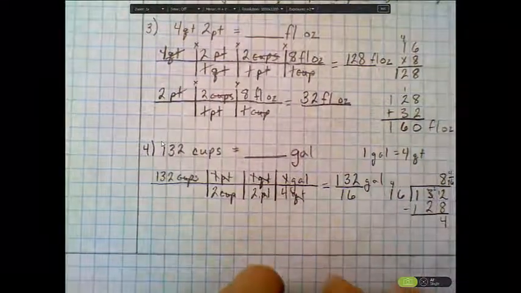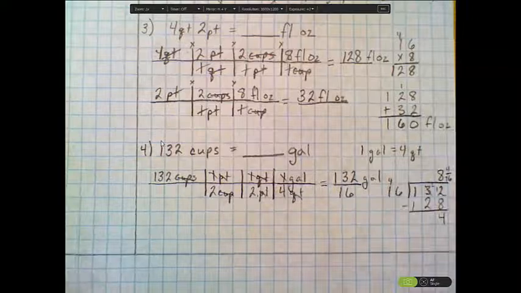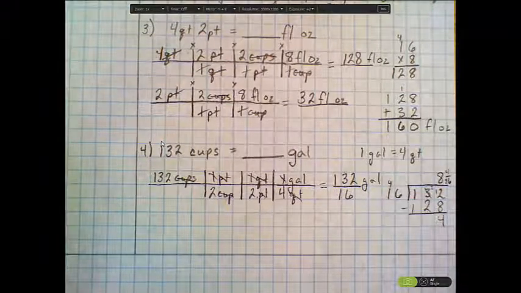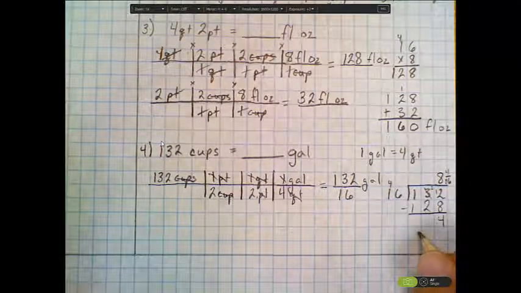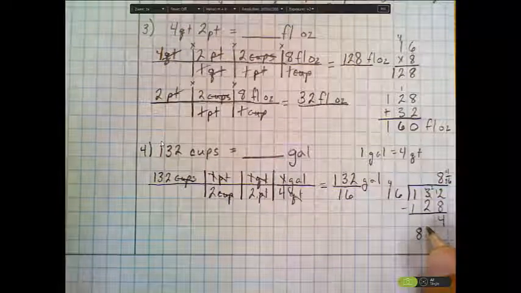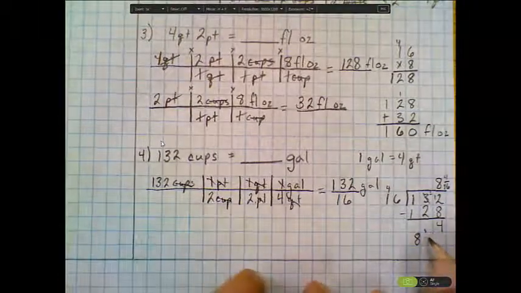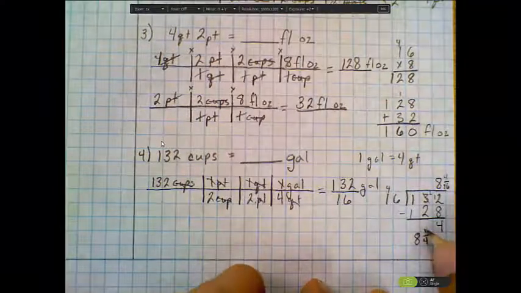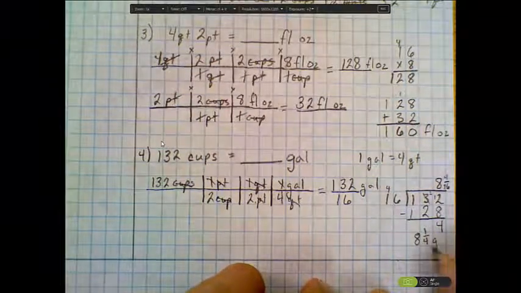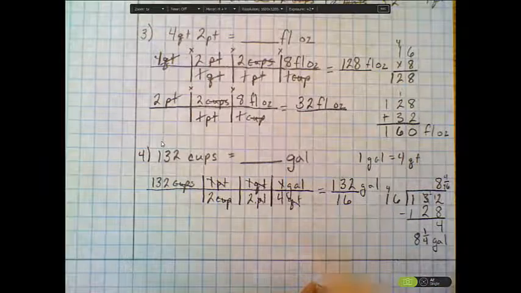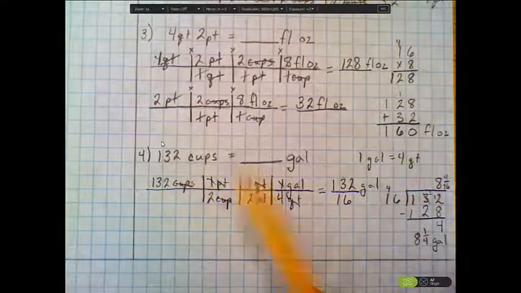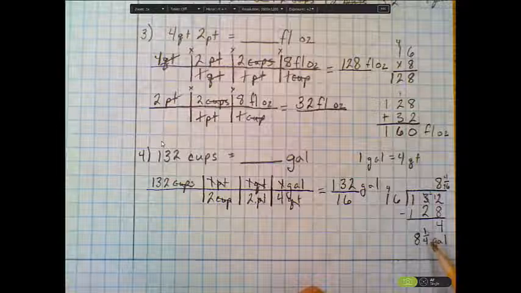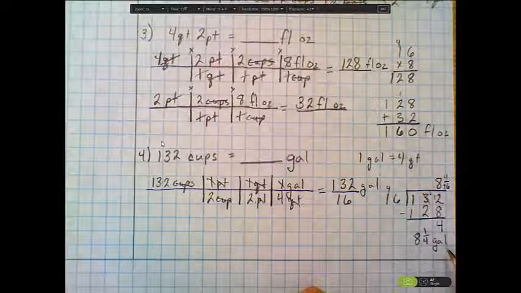And so our answer is 8 4/16, which we can reduce to 8 1/4 gallons. Alright, so 132 cups is 8 gallons and 1/4 of a gallon.